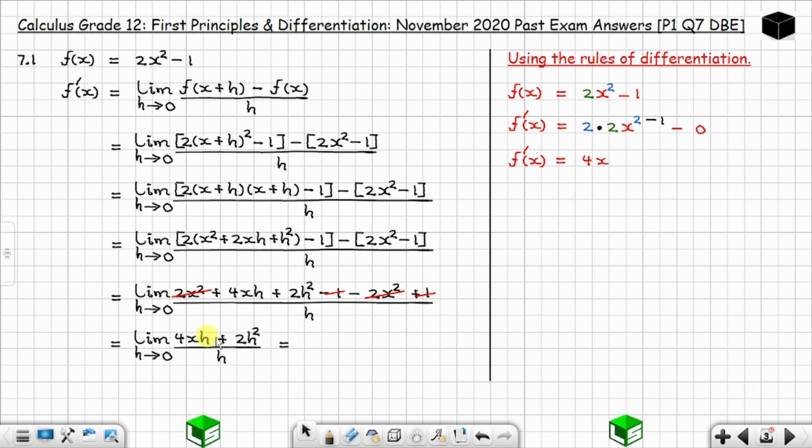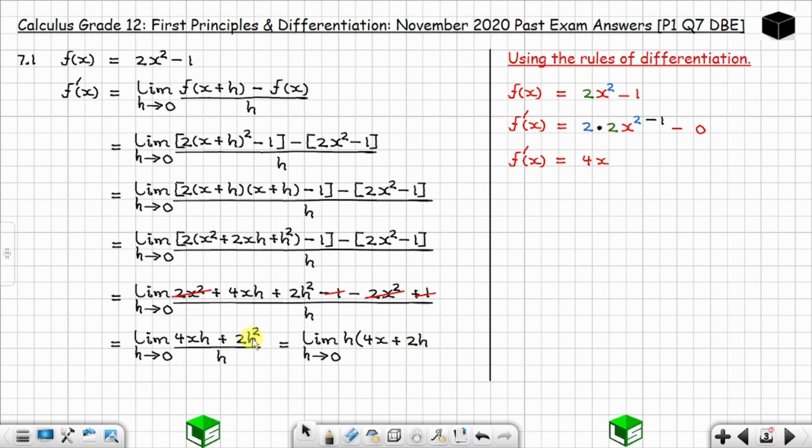You can see what is common in both there. You have h there and you have h there. So when you carry on, it will be the limit as h approaches 0, and then you factorize h because h is common in both. So you take h out of the bracket like that, and then here you remain with 4x plus 2h, right?